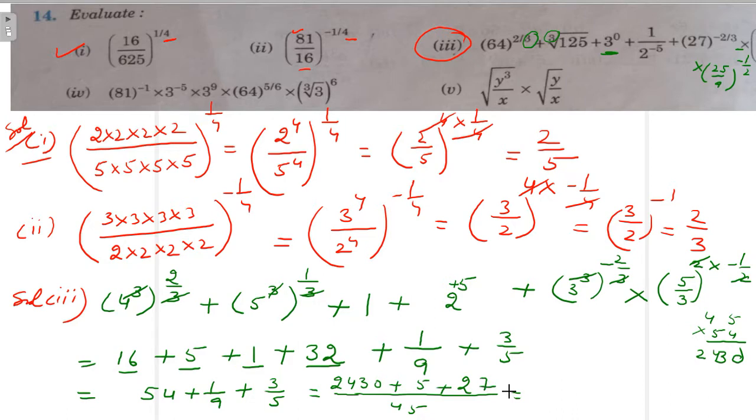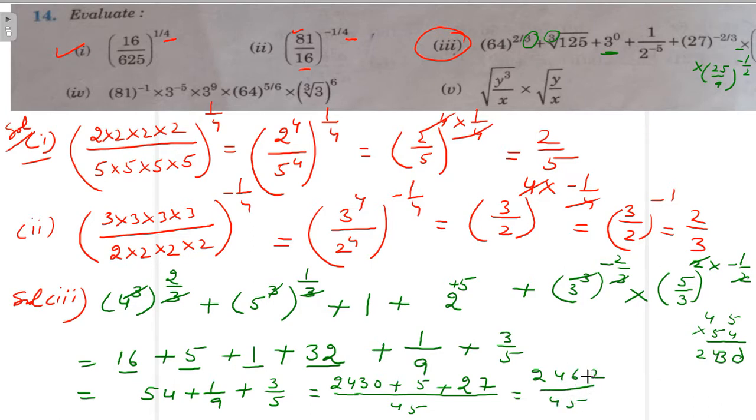So add this. What we are going to get, 27 plus 5, 27 plus 5, 32, 32 plus 30, 62, 2462 upon 45.